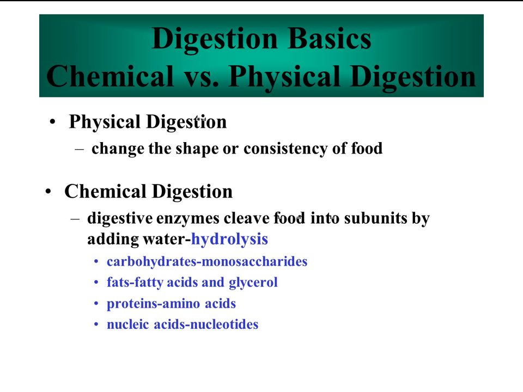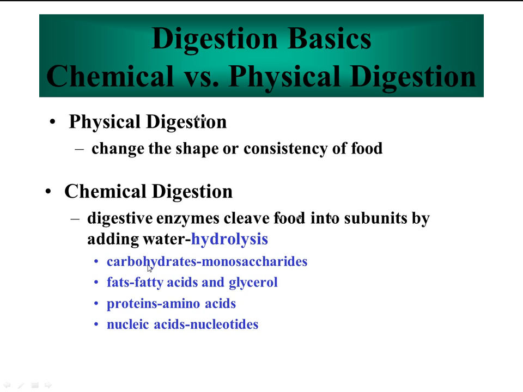You have several enzymes that are responsible for breaking the food down even further into subunits by adding water. And anytime you add water, hydro means water, and to lyse, you've seen that before, is to break apart. So by adding water, it helps to break apart these larger molecules by a process called hydrolysis.